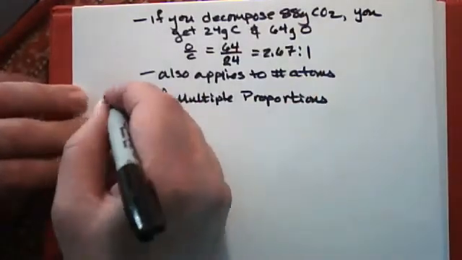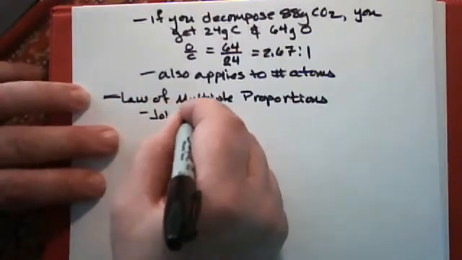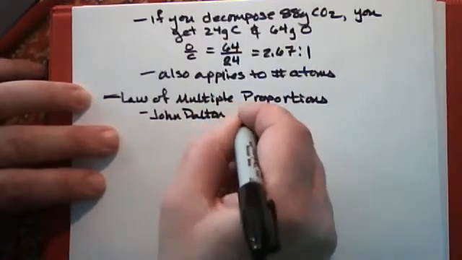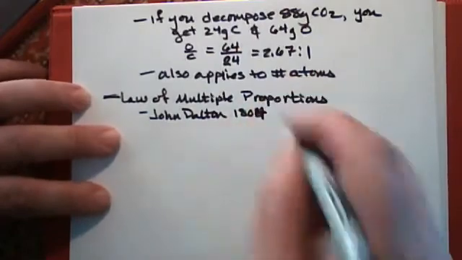The law of multiple proportions was conceived by John Dalton in 1804.